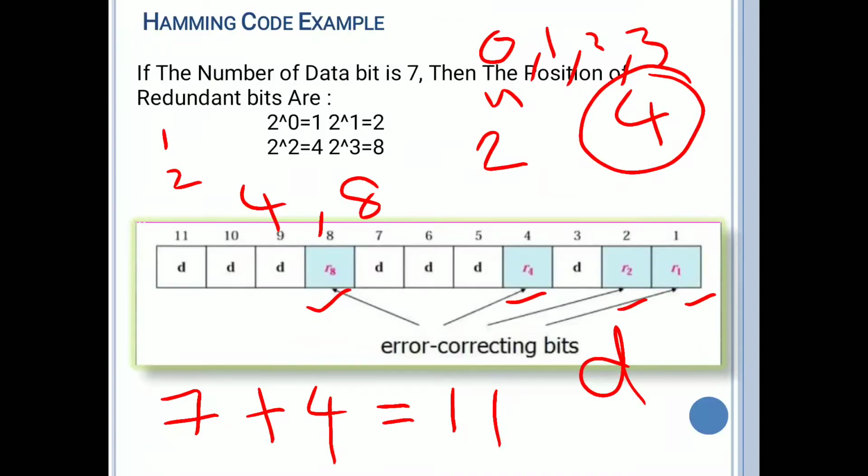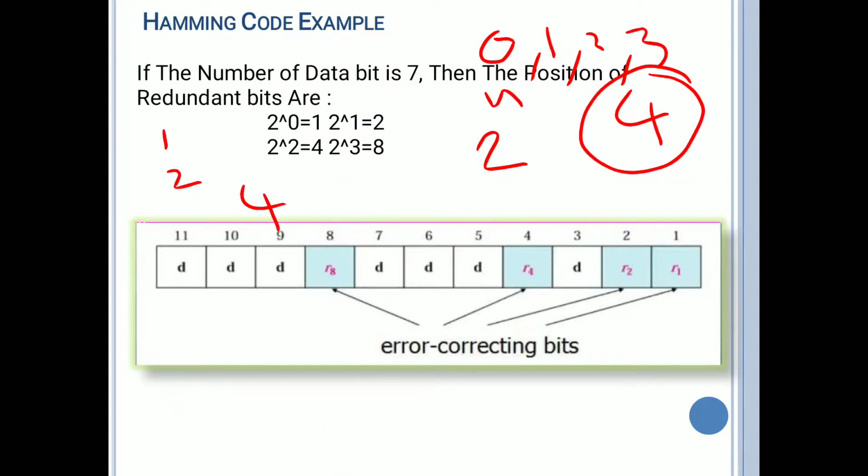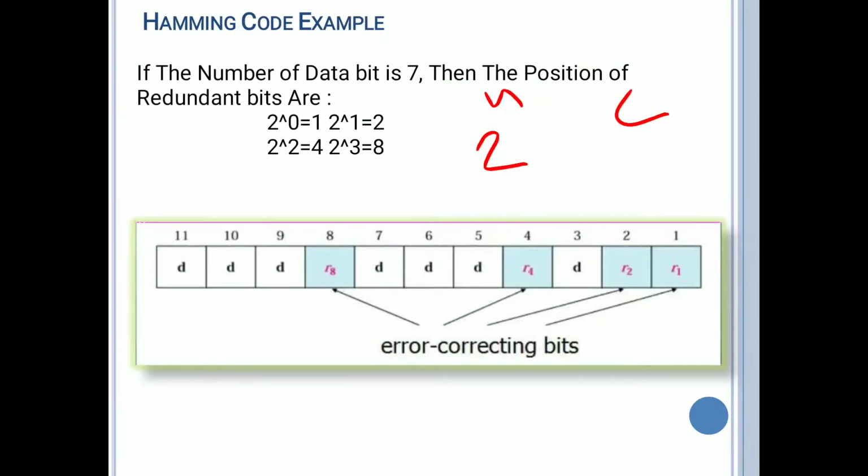Here the original data is already known, but the redundant bits are not known to us, right? So we are assuming some redundant bits, that is R1, R2, R4, R8.